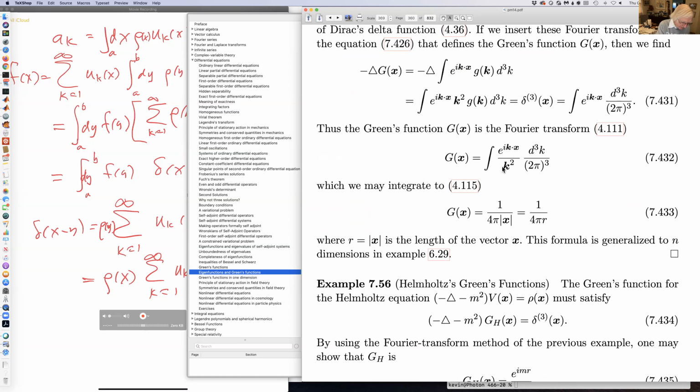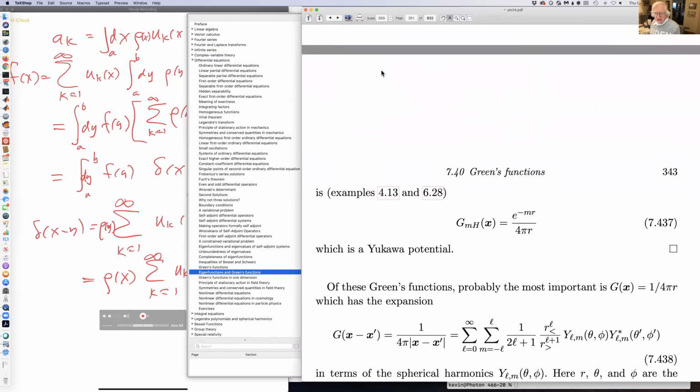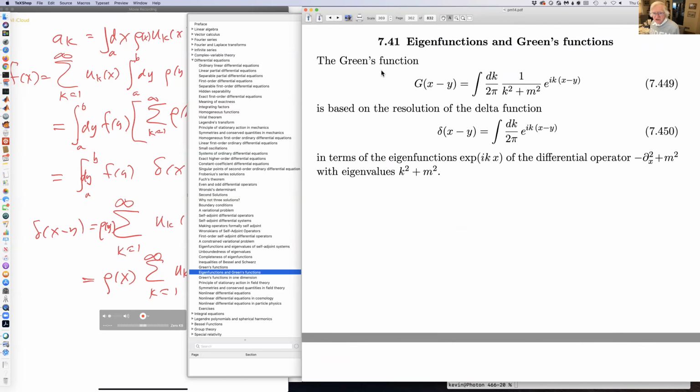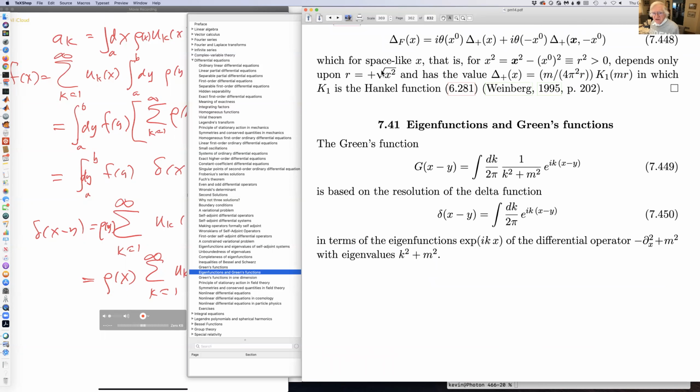So let me make a note to myself. Okay, so that's the general way to make Green's functions, and we discussed them a little bit last time.